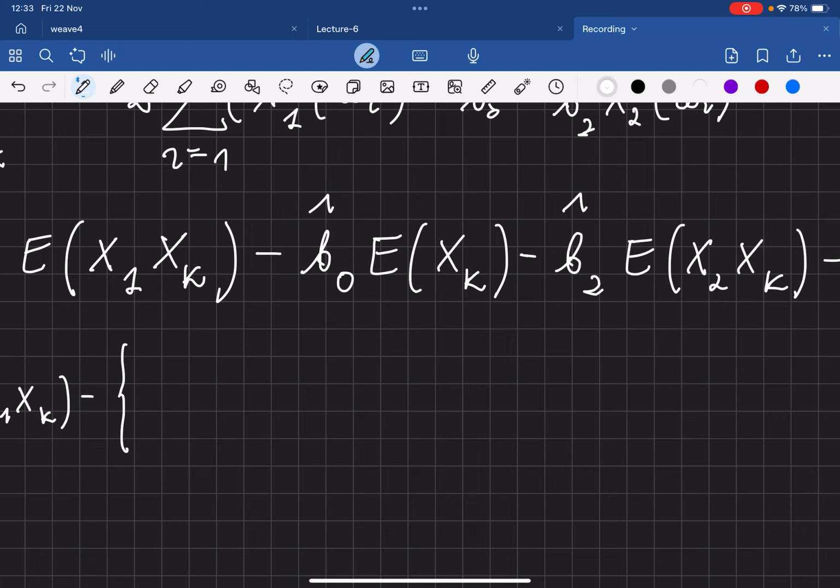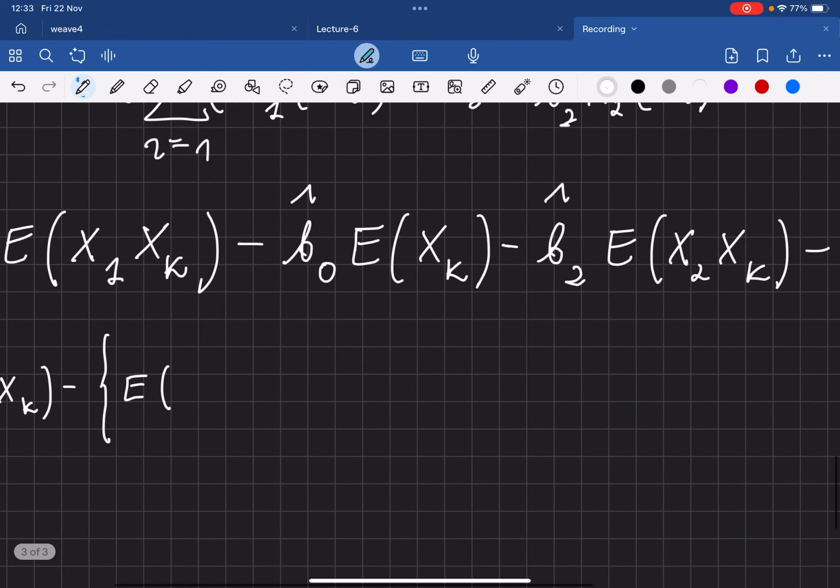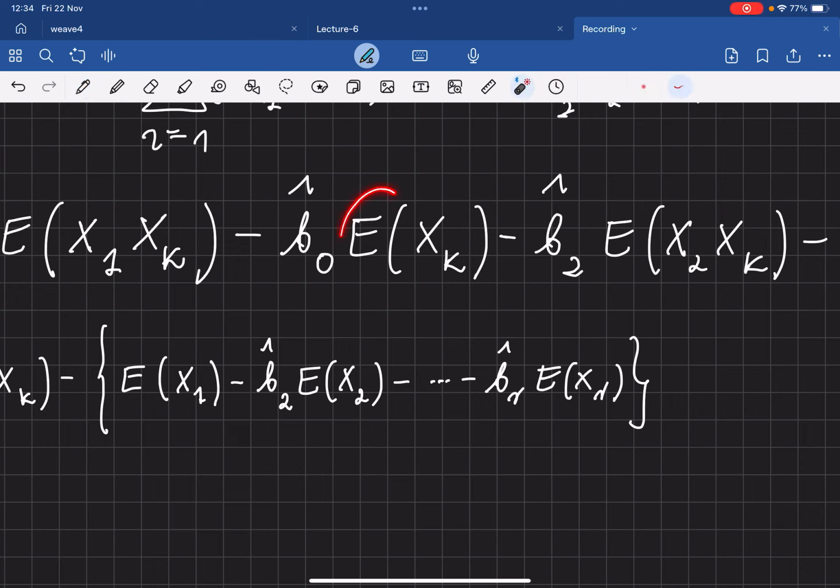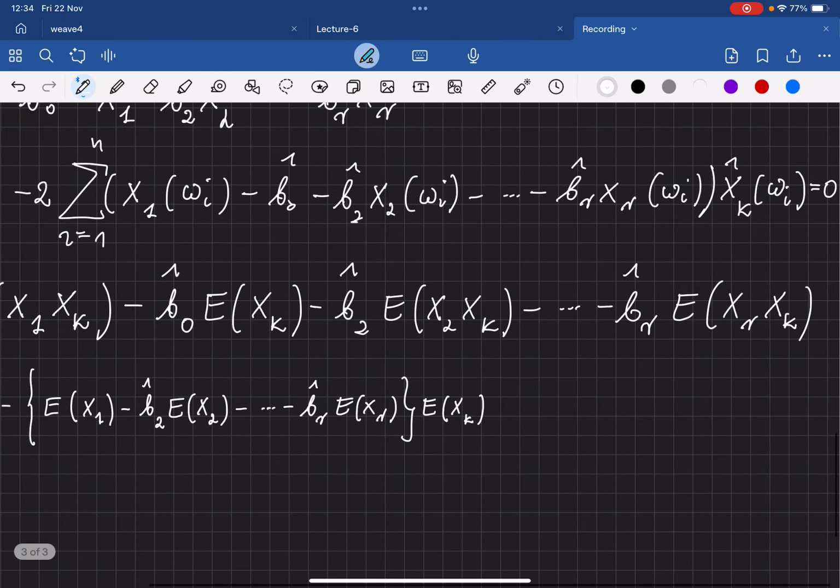using again expectation value instead of a bar. So there will be E of x1 minus b2 E of x2 and so on up to br, multiplied by the expectation value of xk, and then I write down the rest.